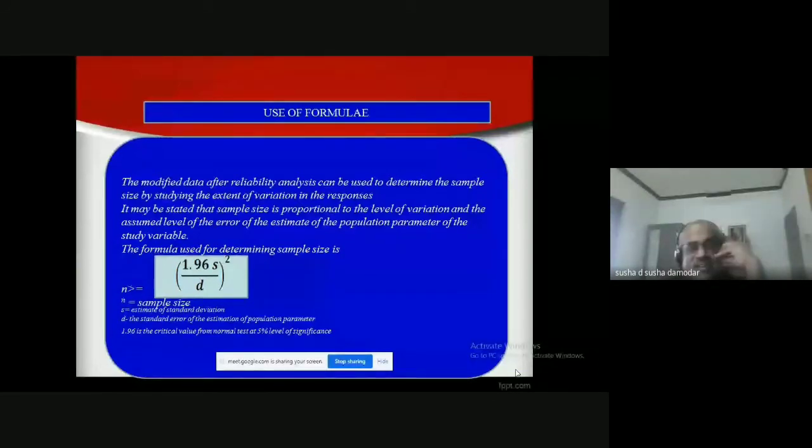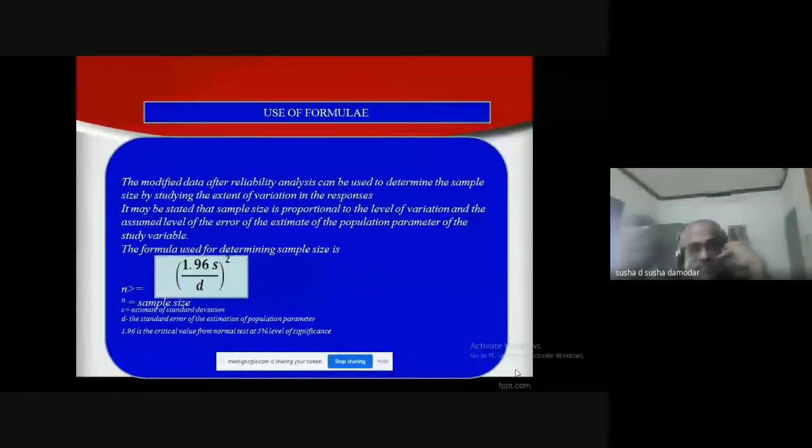After conducting the pilot study, we observe the data or the information, and based on such information, we calculate certain sample statistics like mean, standard deviation, standard error for the estimation of the population parameter, and we fix a 5% level of significance.